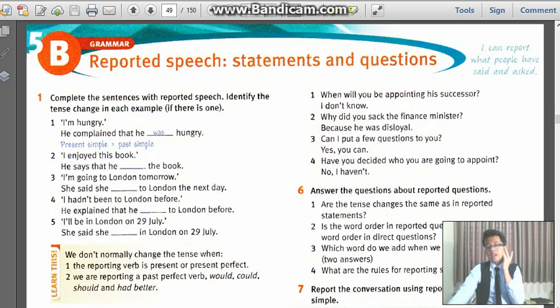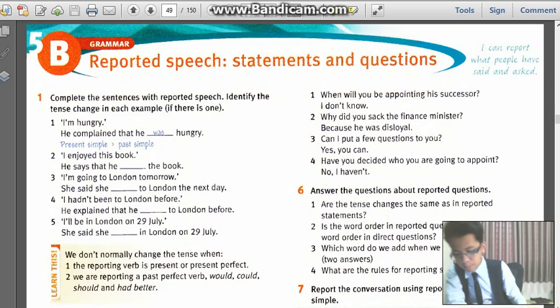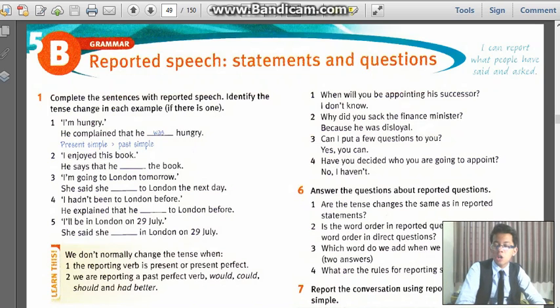Exercise number 1 right now, folks. I don't want to waste our time. 5B grammar, reported speech, statements and questions. So we learned about reported speech already, Season 2, I remember it was Unit 6, if I didn't tell you wrong.